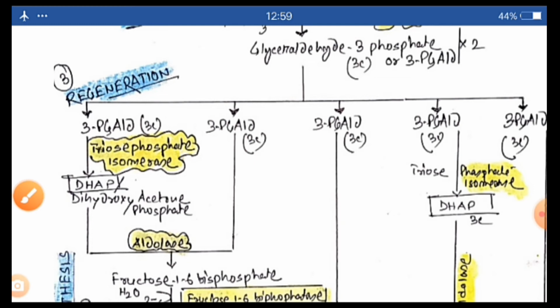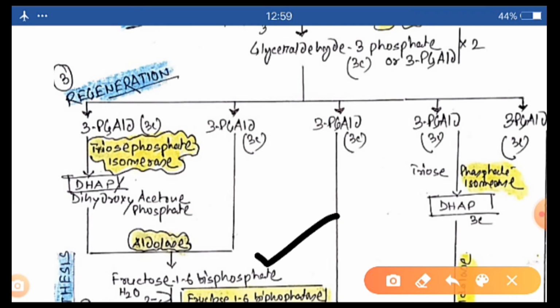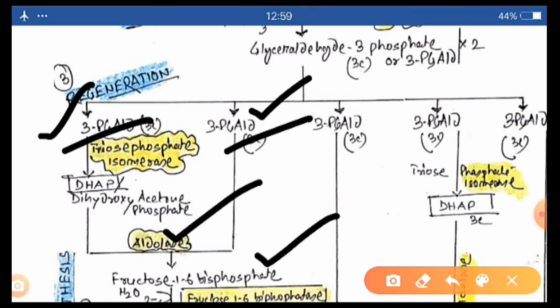So the result will be 6 carbon fructose 1,6-bisphosphate. 3 carbon from here, 3 carbon from here, 1 phosphate from here and another phosphate from there. That is why 6 carbon and 2 phosphate product fructose 1,6-bisphosphate, and here the enzyme is aldolase. Okay.